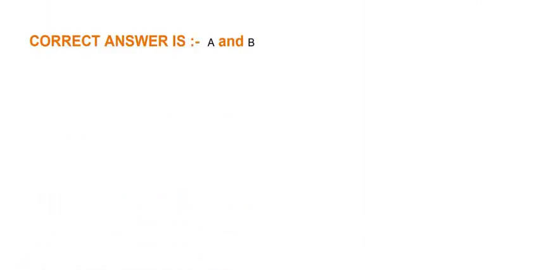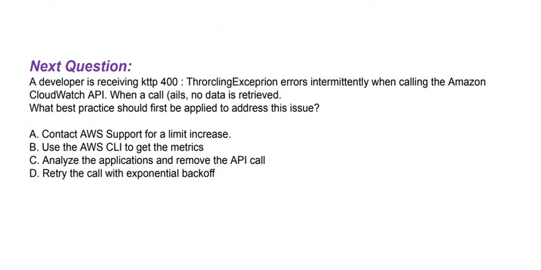Next question is, a developer is receiving HTTP 400 throttling exception errors intermittently when calling the Amazon CloudWatch API. When a call fails, no data is retrieved. What best practice should first be applied to address this issue?